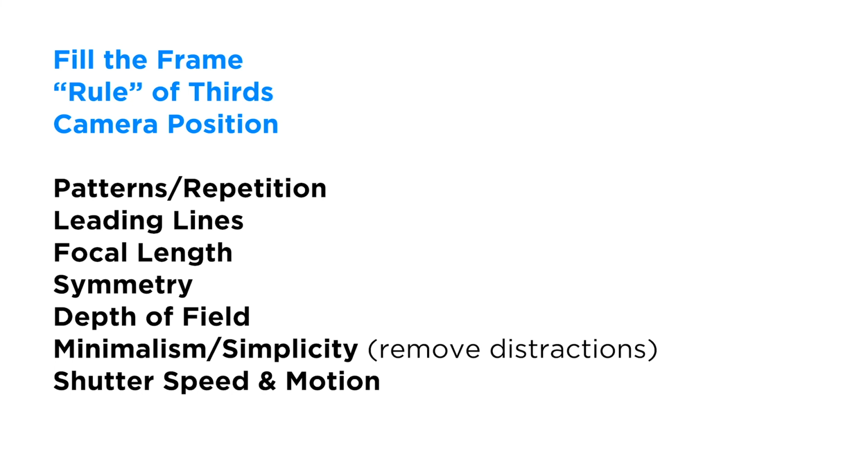Symmetry, aligning things equally left, right, top, and bottom, that can also be interesting because it doesn't happen that often in nature. So by creating that, we can, again, create something that's different, unique, and interesting that people will stop and look at. Depth of field is used to show, here, pay attention to this because it's in focus.